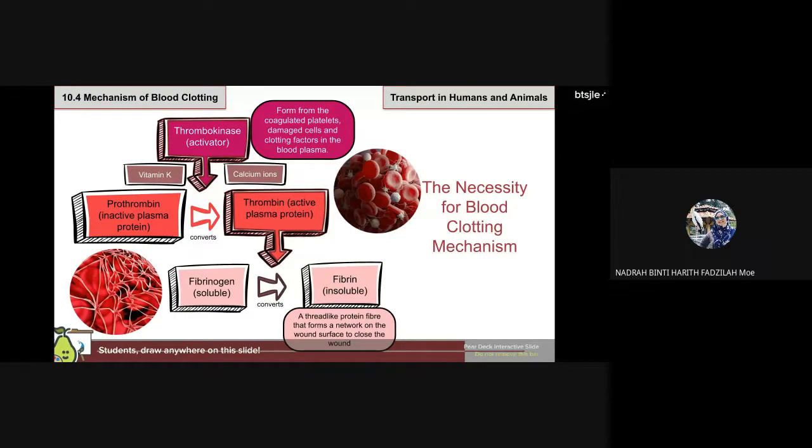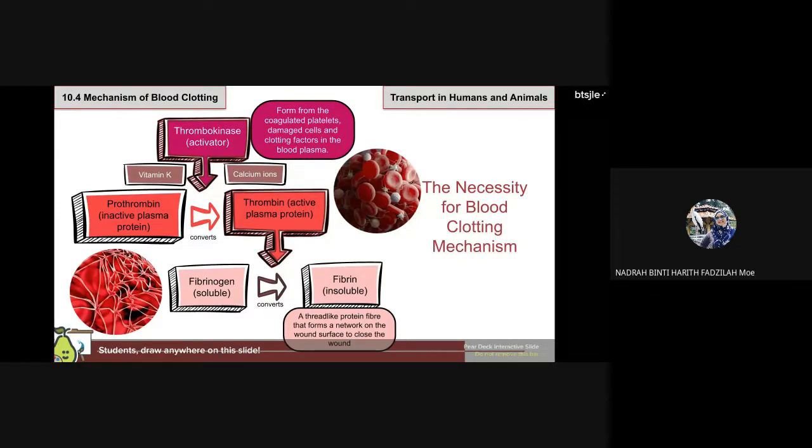So for example, thrombokinase ni dia punya cofactor dia adalah vitamin K and calcium ion. So with the presence of these two cofactors, the catalyst thrombokinase will work faster to convert prothrombin jadi thrombin. Bila thrombin ni hadir, barulah fibrinogen converted to become fibrin.